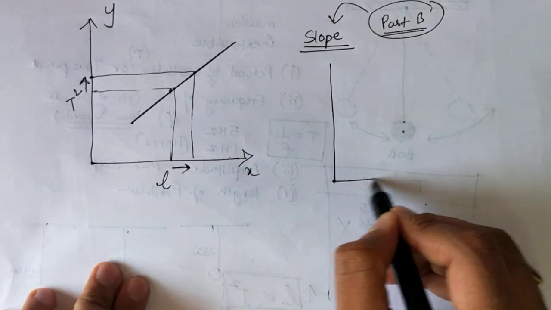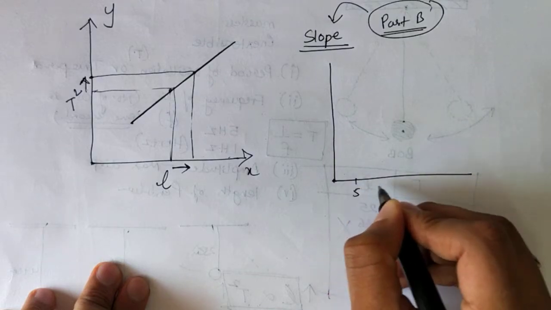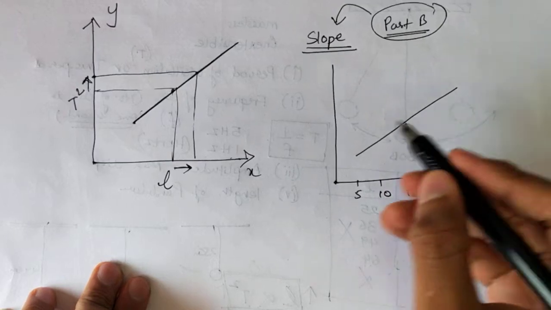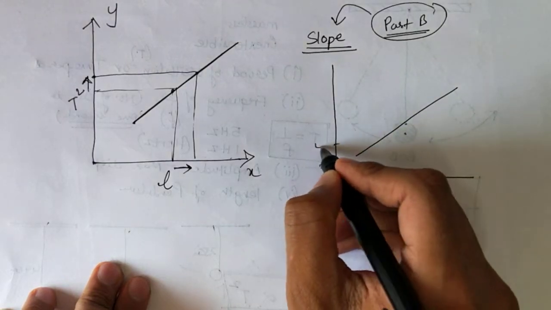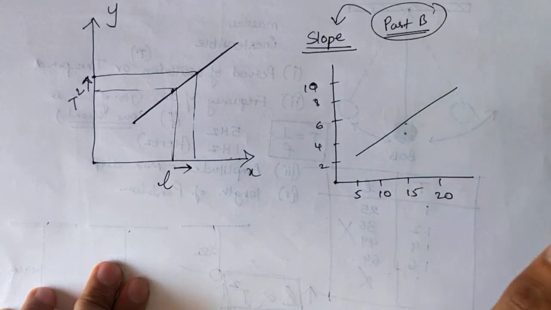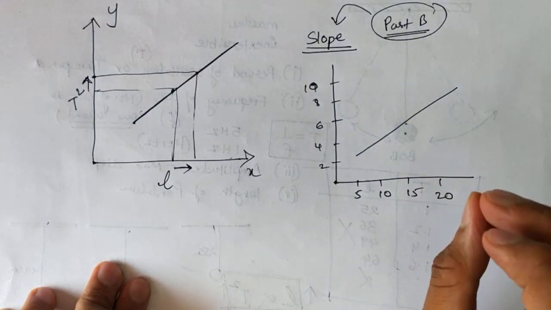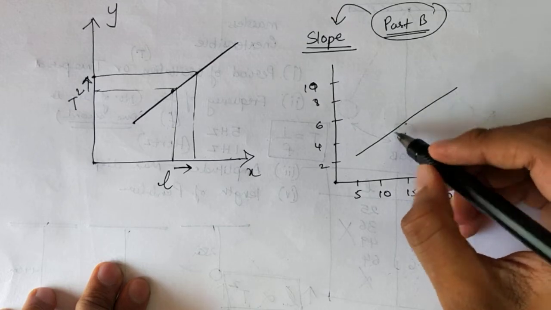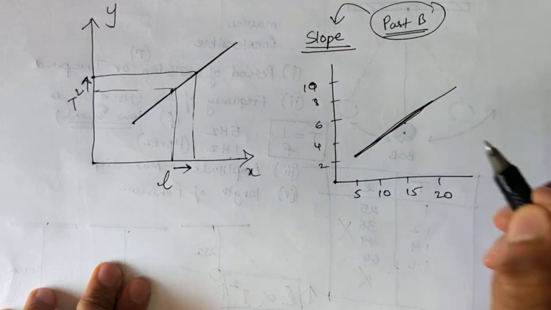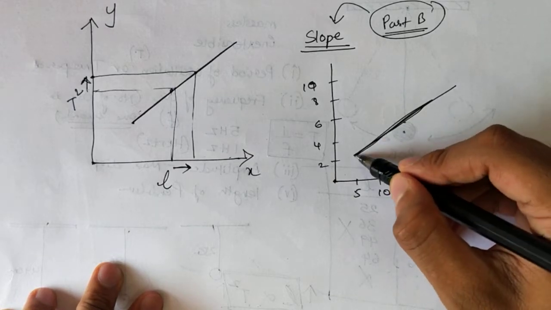Still I'll draw one graph here, and let's say I take some values 5, 10, 15, 20 on one axis, and 2, 4, 6, 8, 10 on the other. I'm taking some random values to make you understand what slope is. Let's say I want to calculate the slope of this line.